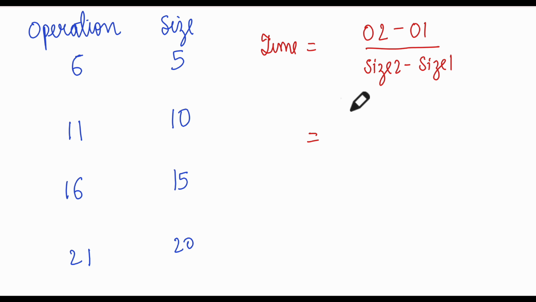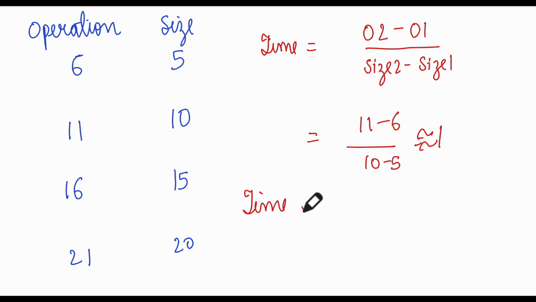For example, 11 minus 6 divided by 10 minus 5, which is approximately equal to 1. So it means that your time complexity is dependent upon the number of elements which are present inside your data set.